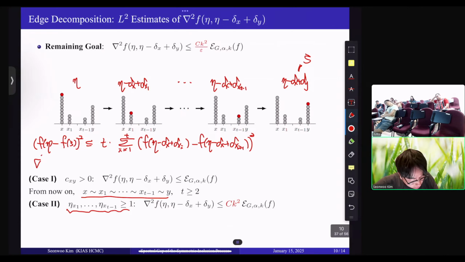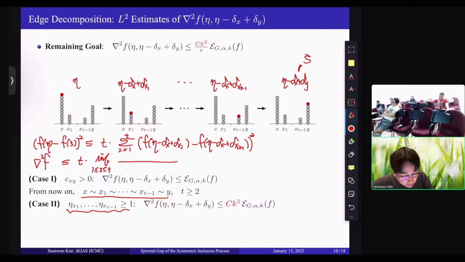To upper bound the nabla squared of f, we have something like a maximum over each i of the ratio of the conductances.